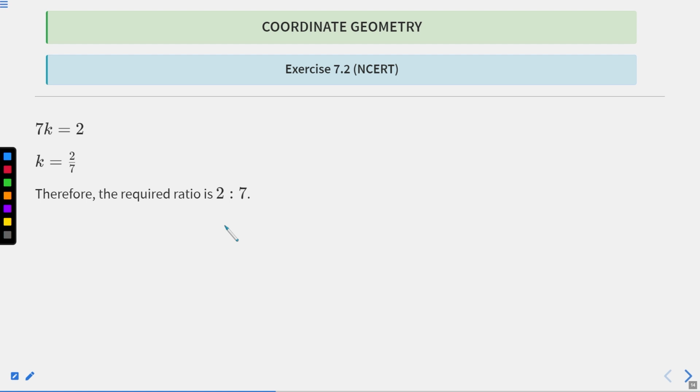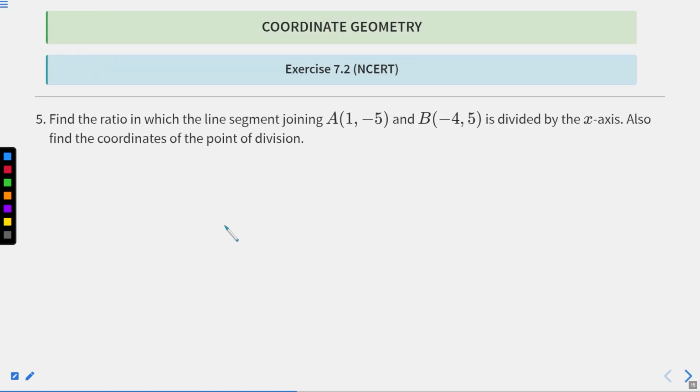Now let us move to the next question. Here we also have to find the ratio in which the line segment joining A (1, -5) and B (-4, 5) is divided by the x-axis. Also find the coordinates of the point of division.